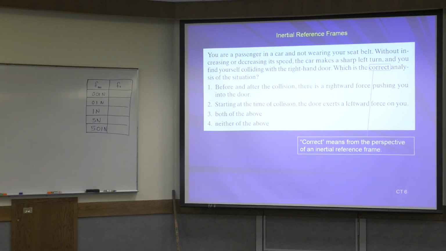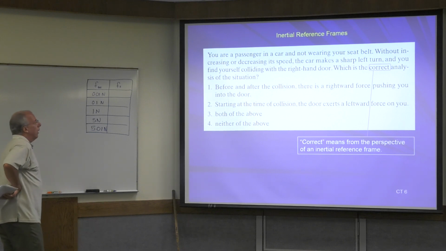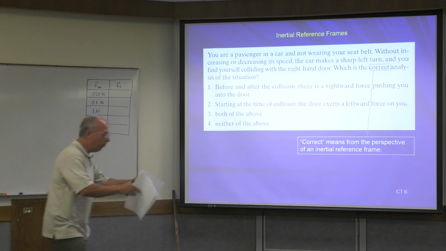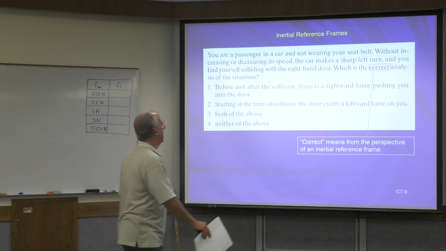All right. Now we want to talk about something called an inertial reference frame. Okay, you're a passenger in a car and you're not wearing a seatbelt. Without increasing or decreasing its speed, the car makes a sharp left turn and you find yourself colliding with the right-hand door.